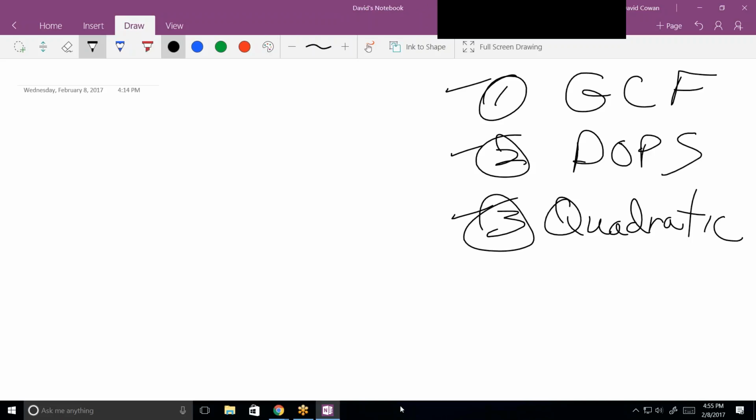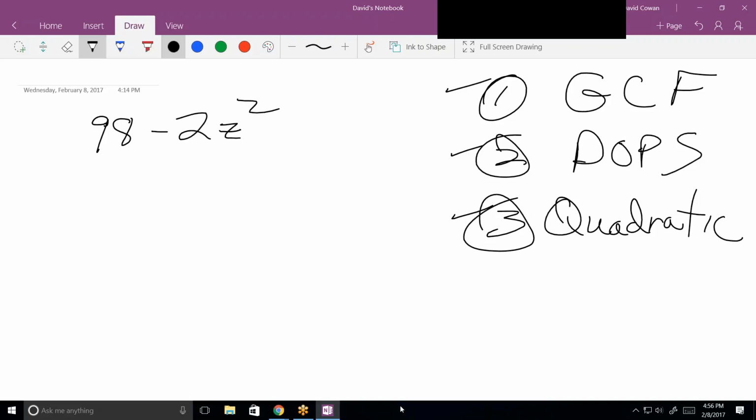I have 98 minus 2z squared. Like that? Okay. Step 1, is there a greatest common factor? No. Well, hold on. Remember what greatest common factor is.